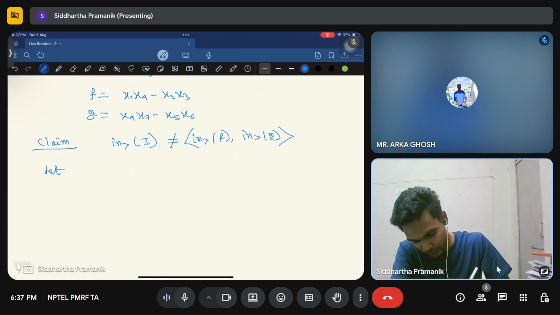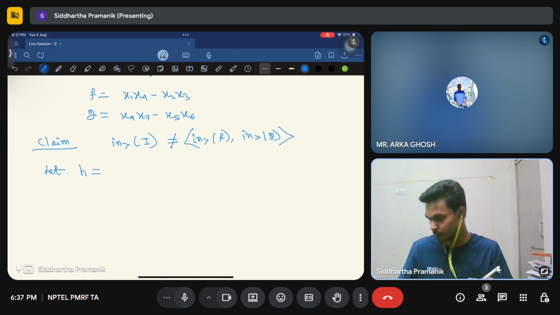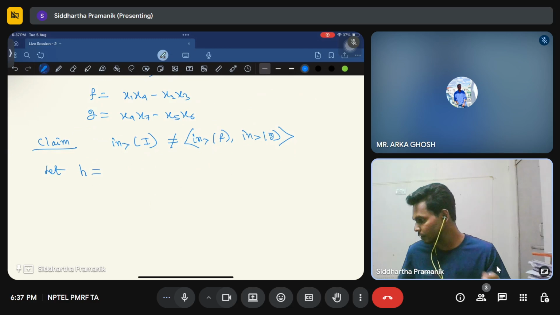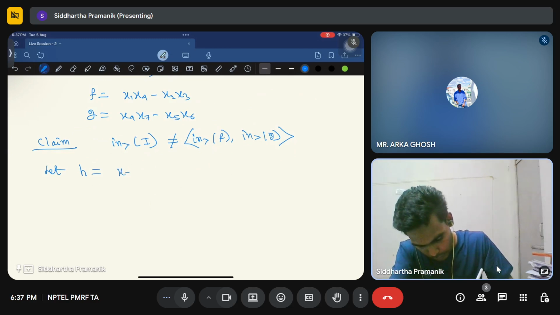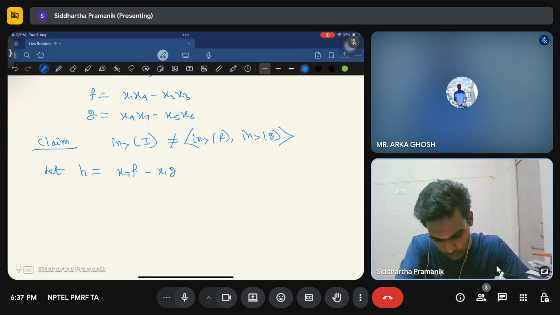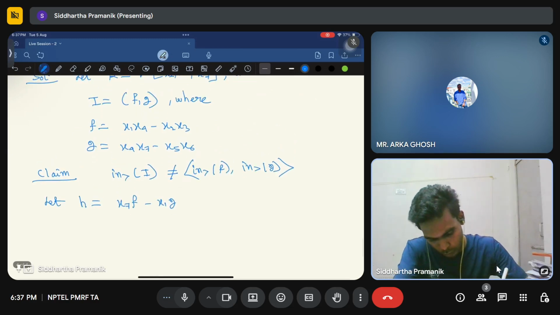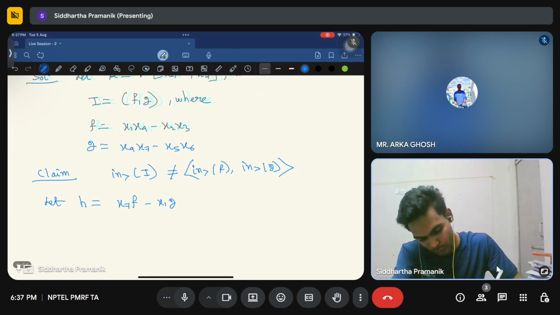Let h be x7 times F minus x1 times G. So this is a combination of F and G, so this certainly belongs to the ideal I.